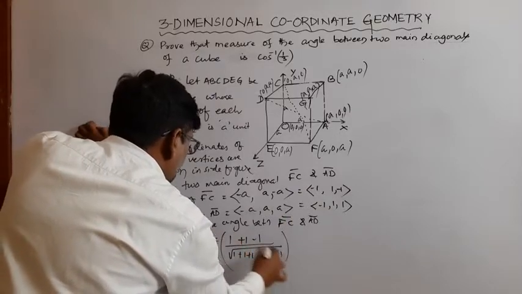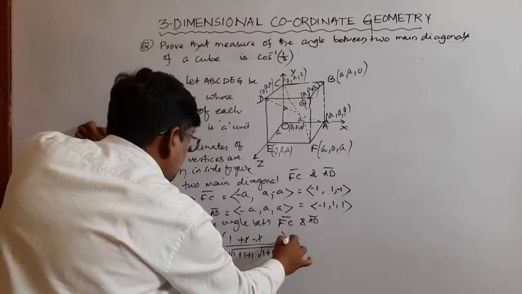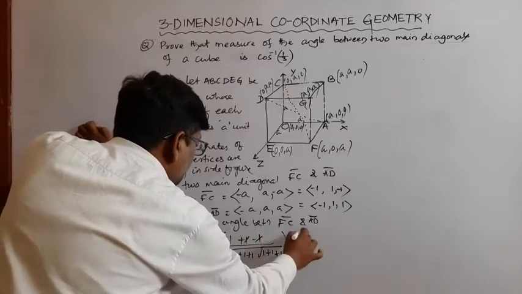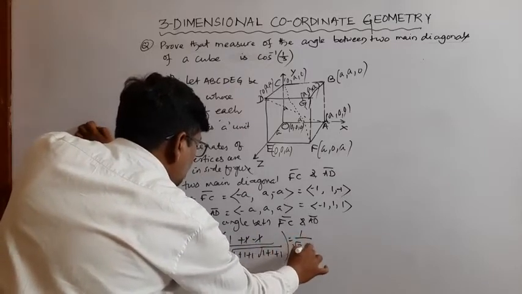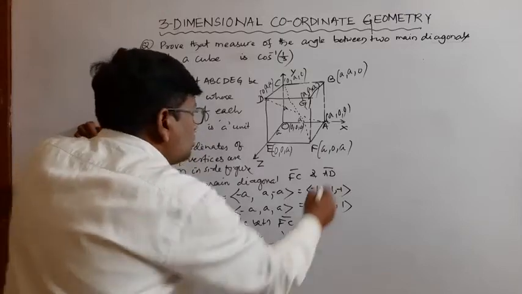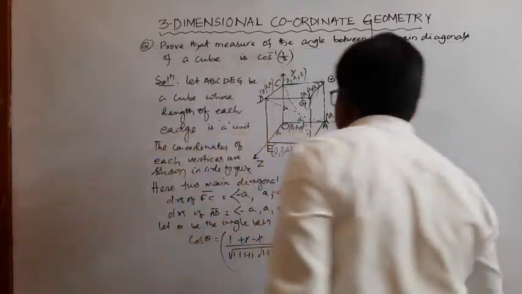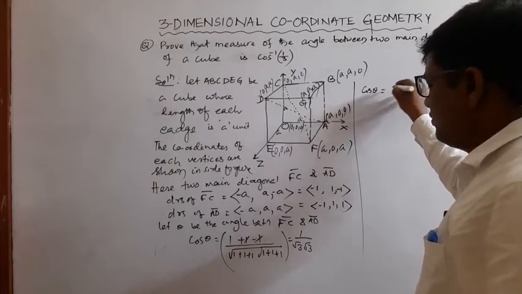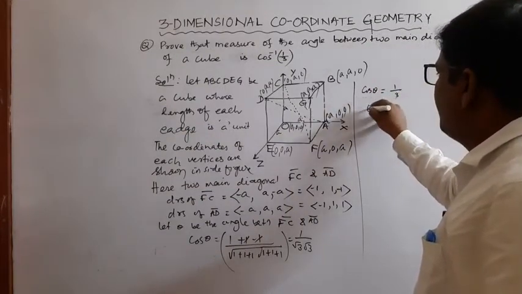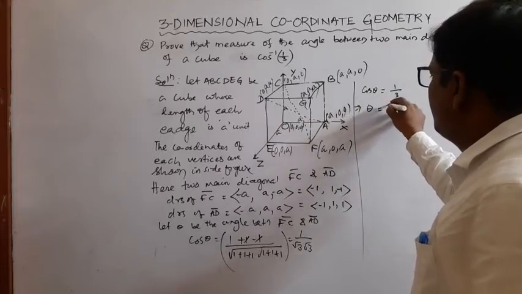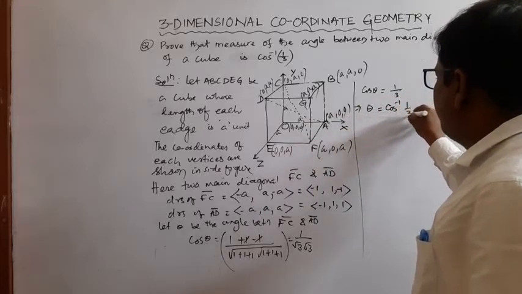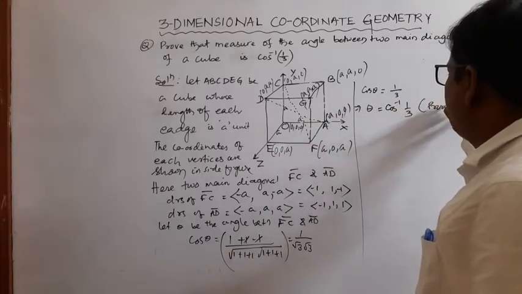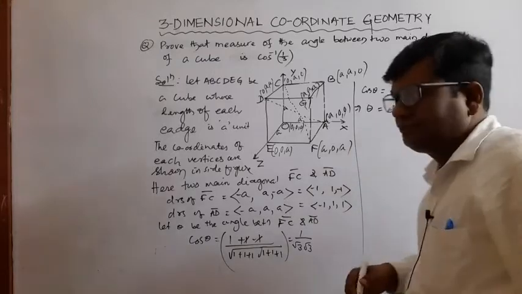So plus 1 minus 1 cancel, and cos theta is equal to 1 by root 3 times root 3, that is 1 by 3. So theta is equal to cos inverse 1 by 3. Proved.